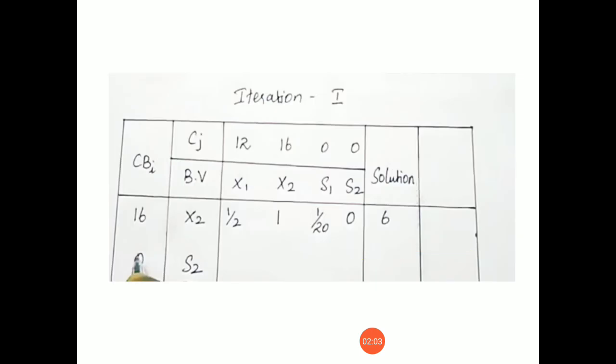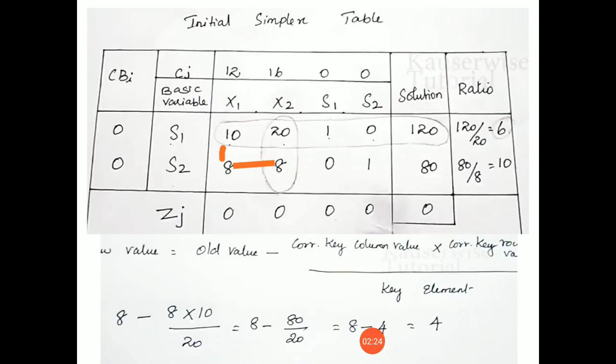If I have to find the first element of the S2 row, below the x1 variable, how will I find it? As per the formula, the old value is 8 here.